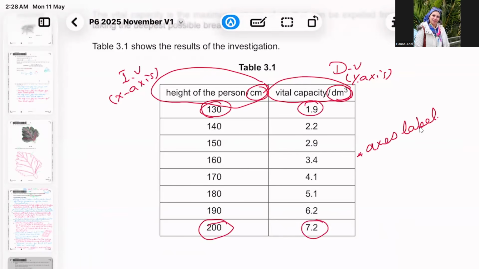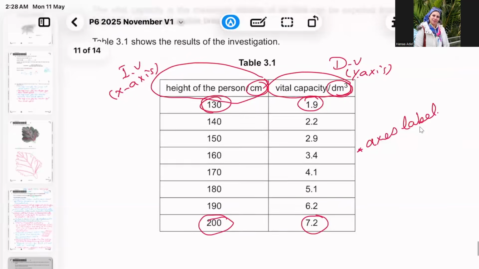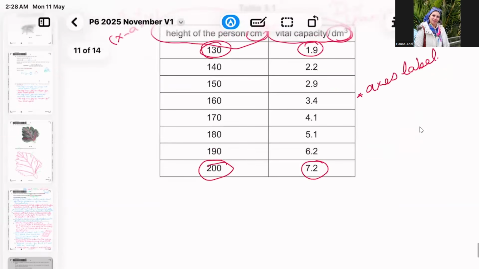And then you have to count how many big boxes are found in the graph paper to distribute all of these values at equal distances, then start plotting. So the second mark is to make a correct scale on the graph paper. The third one, we have to plot. And the last mark is for drawing the line.